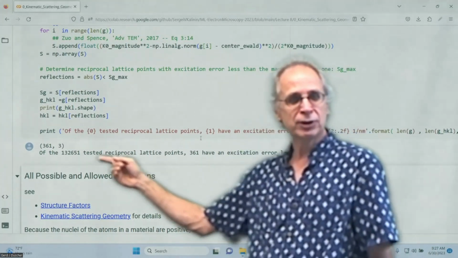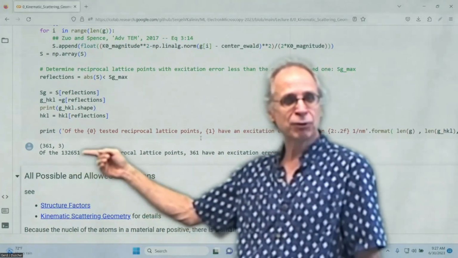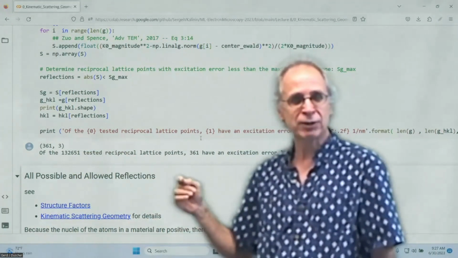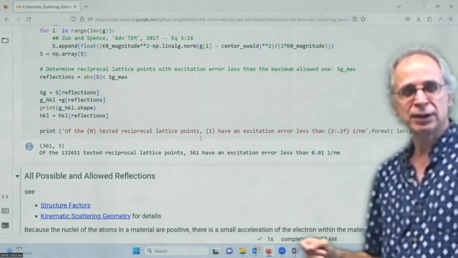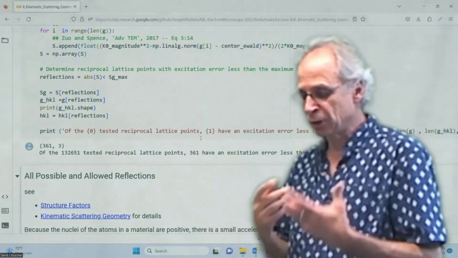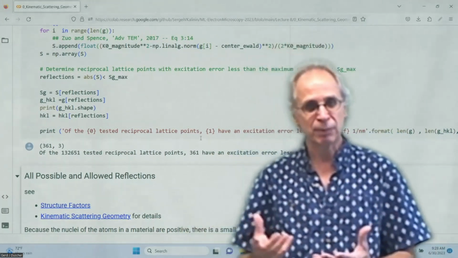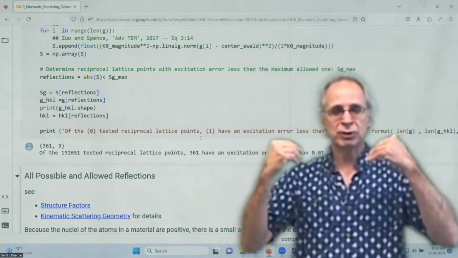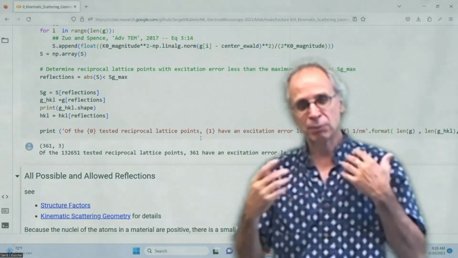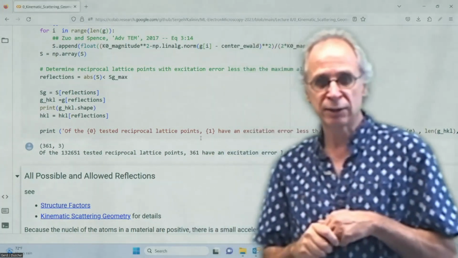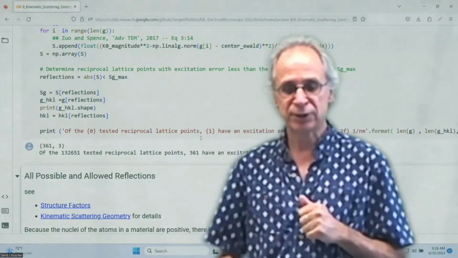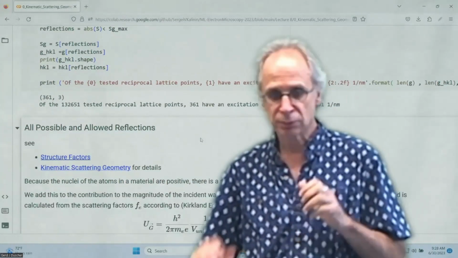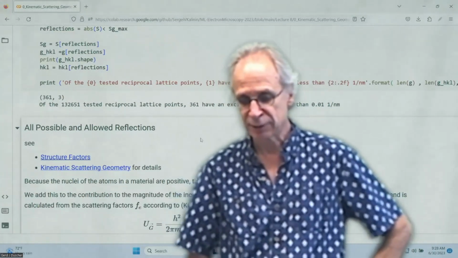So we have, in our case, a few thousand reciprocal lattice points. And so we have 361 that have an excitation error less than whatever we give it. And that is 1/nanometer. And in principle, you can make an estimate for your sample thickness, right? So it's a rough estimate for that.